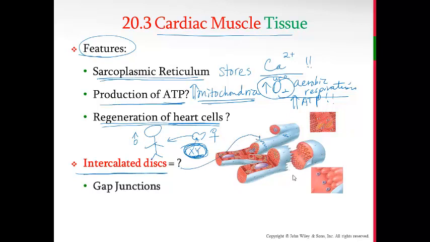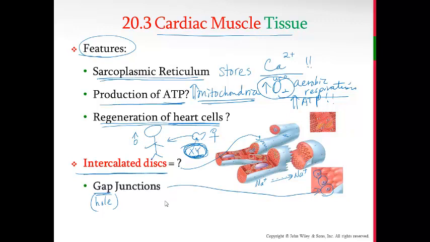Now, where these discs are, you will see, for instance, gap junctions. This is one type of cell junction, and gap really means there are holes. So as a result, if you have lots of sodium on this side, do you think they will be able to transfer to the other side, into the other cell? Yes, they can.